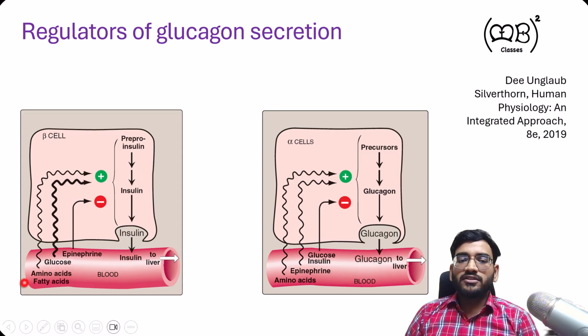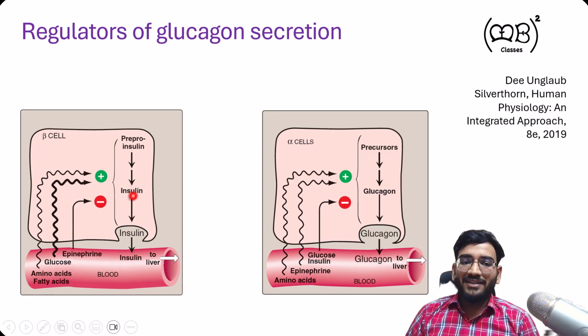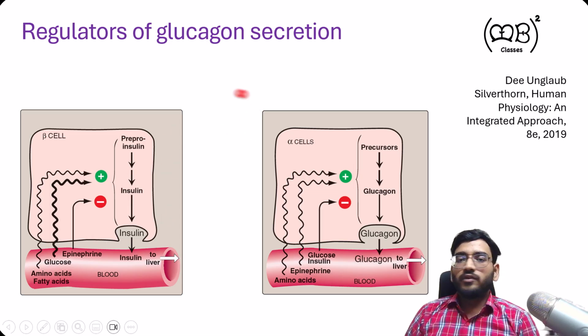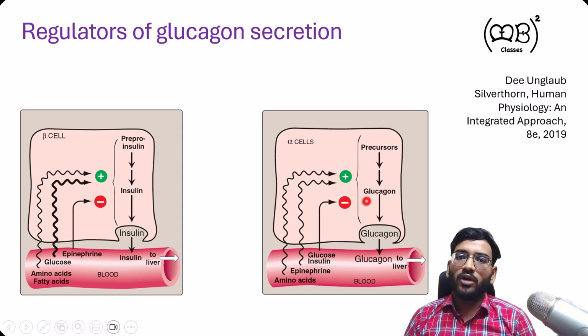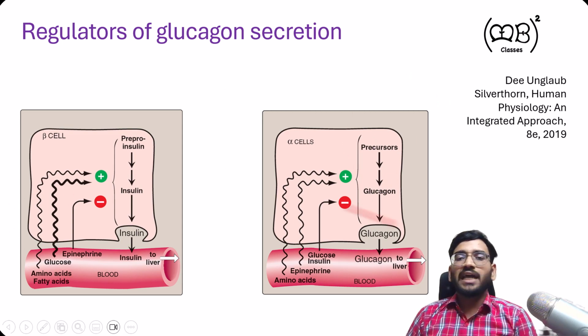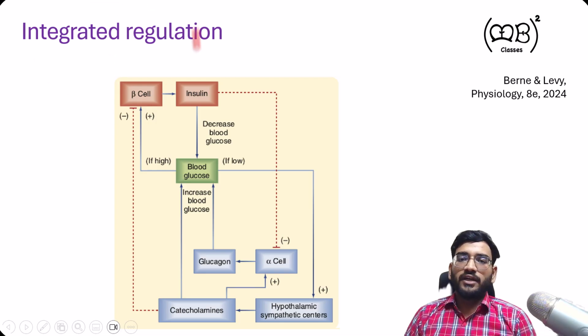The amino acids led to the stimulation of insulin, and there was now an excess of insulin which was released in the blood, which was not required. Now this insulin will lead to decrease in blood glucose level below the level which was required. That is why the amino acid also stimulates glucagon, so that glucagon will lead to increase in blood glucose level and prevent hypoglycemia.